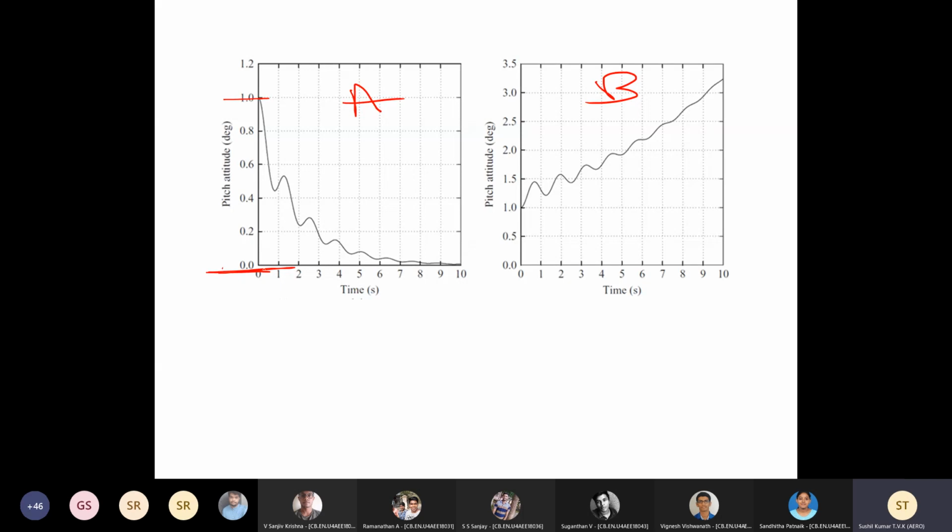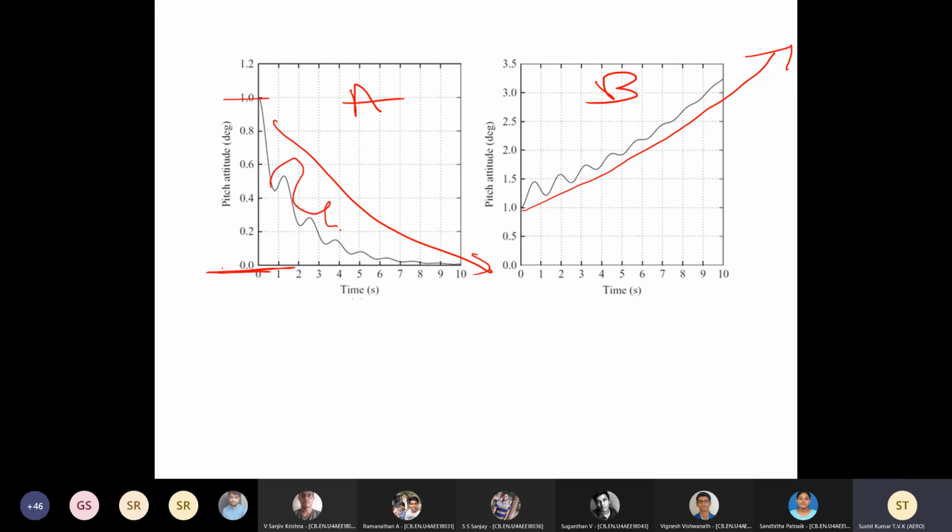Yes, so A has a tendency to come back finally to its equilibrium position, which is 0. Whereas B has a tendency to diverge, so statically unstable. And dynamic stability is a process by which it comes back to the equilibrium condition. So it's a time dependent thing.